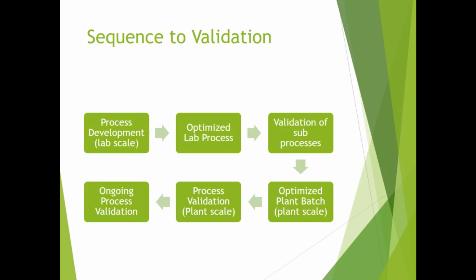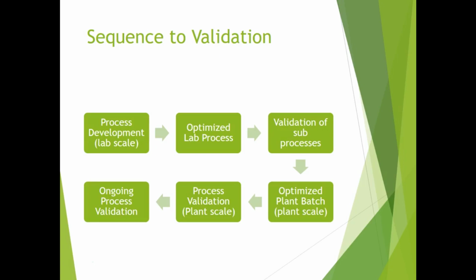Validation of sub-processes, which is normally things like validation of your analytical methods, ensuring that your equipment and your utilities are qualified, the cleaning processes and the methods are validated, and all your instrumentation in your laboratory are qualified and validated. Optimized plant or batch is the next step, where your process is carried out in the actual plant. So they're called optimization batches, or practice runs, if you like.